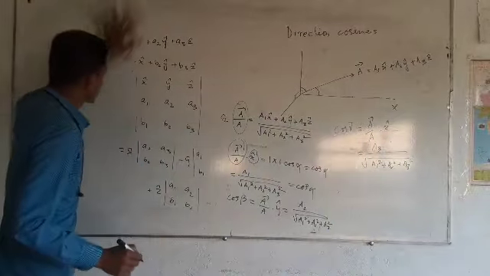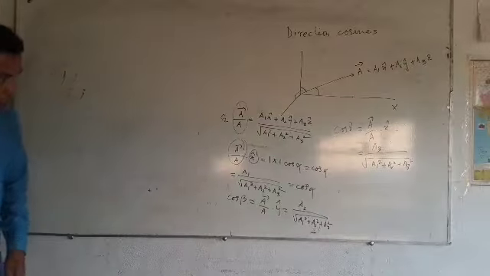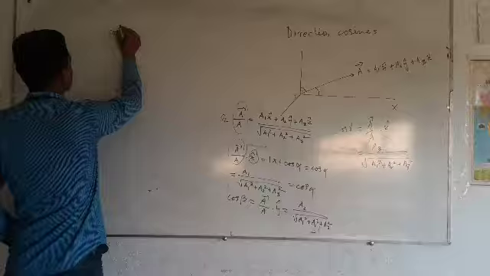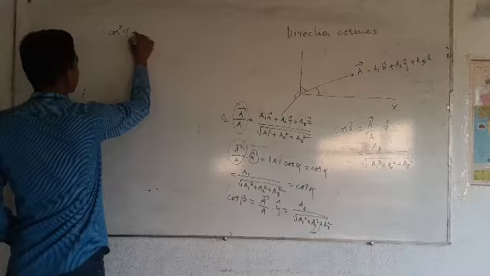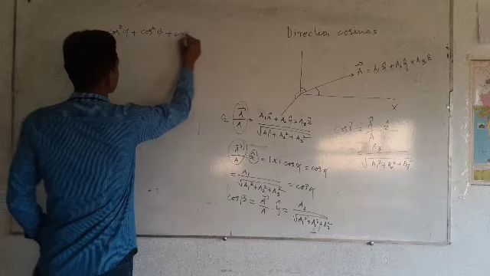Now let us see the result of adding cos square alpha plus cos square beta plus cos square gamma.